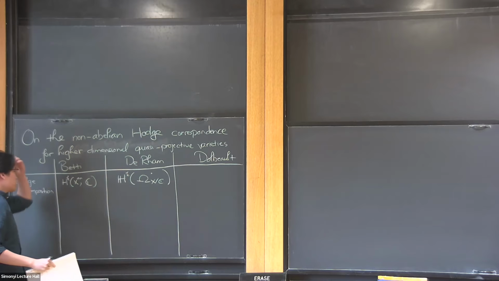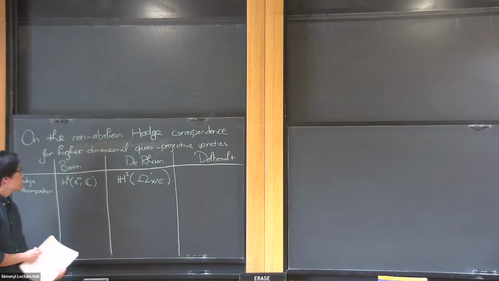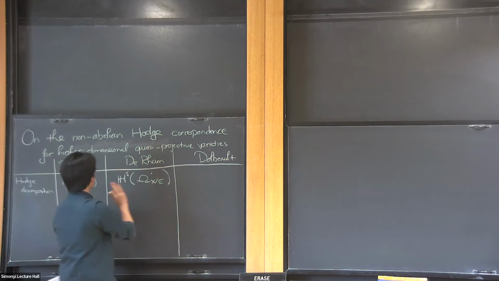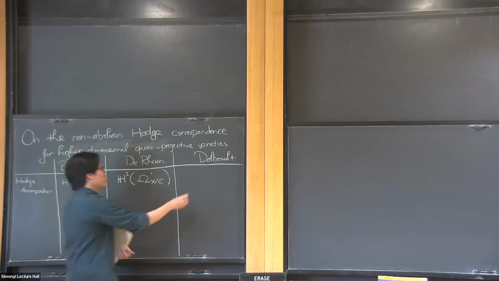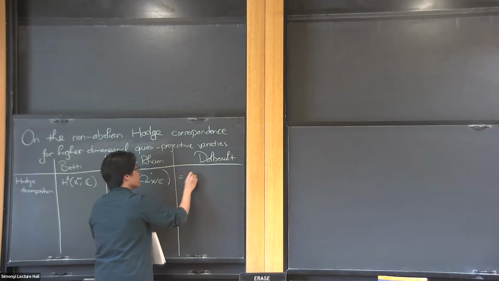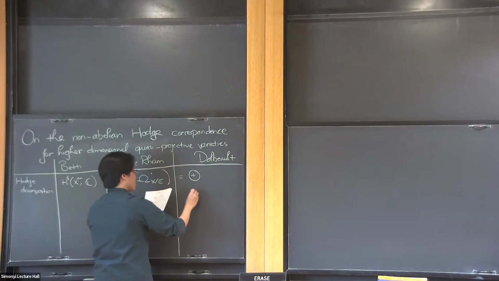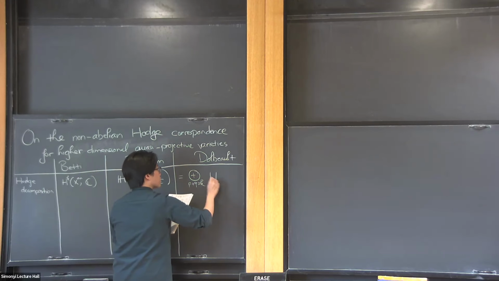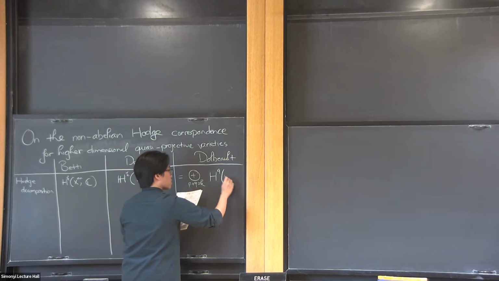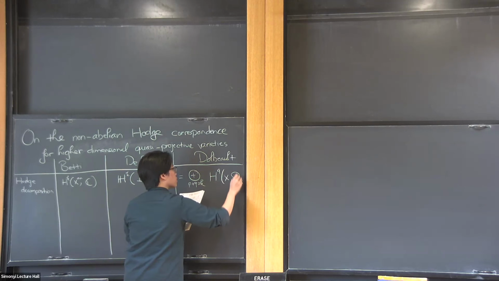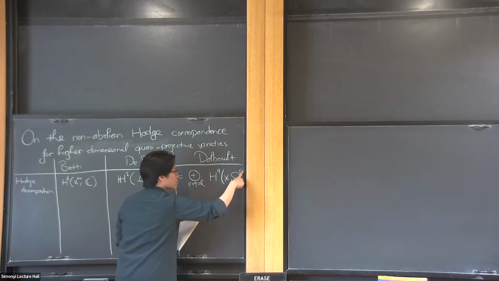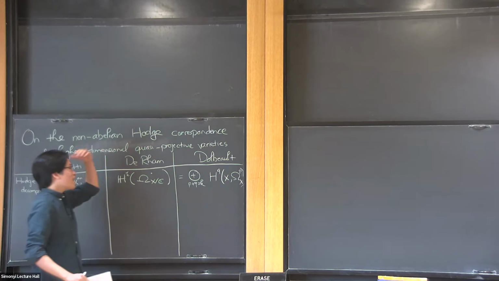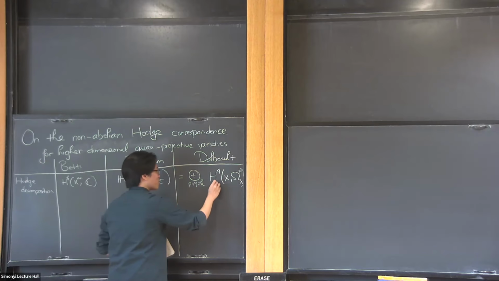And by a theorem of Grothendieck, these are isomorphic. And lastly, on the differential geometric side, you have a decomposition of this into a direct sum. This is called the Dolbeault side because this is also called the Dolbeault cohomology.